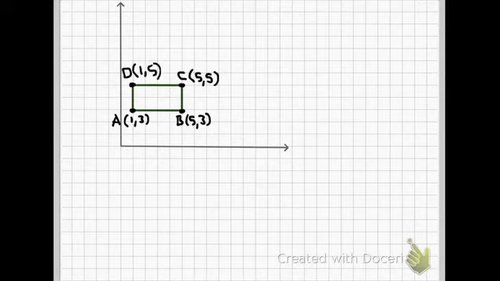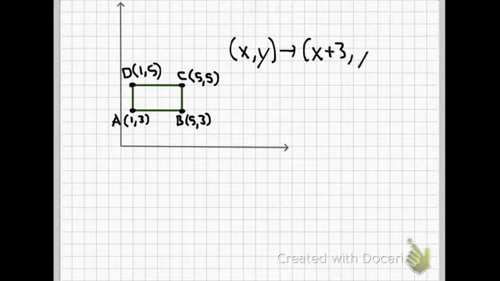And now let's pick a translation. So the translation we want to follow this time, let's use the one we did first. 3 to the right, 4 down. So x plus 3, y minus 4. So that is our guide. That means if we plugged in points, it's going to give us our new image points. So let's do that.